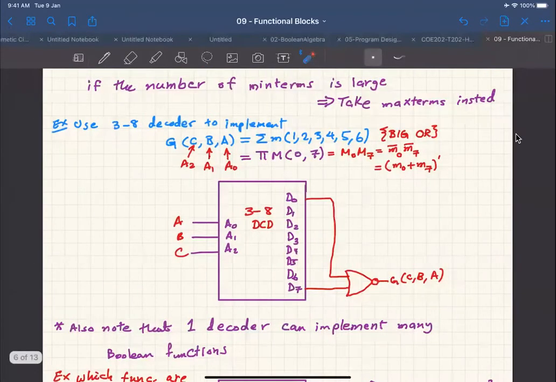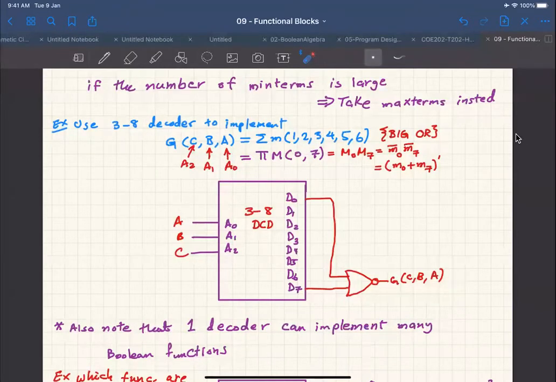And we said that if you have many min-terms, like here where we have 5 min-terms, it's not preferable to have a 5-input OR gate. If we have an option, then we want to use a smaller gate. In this case, instead of a sum of min-terms, we can use a product of max-terms.